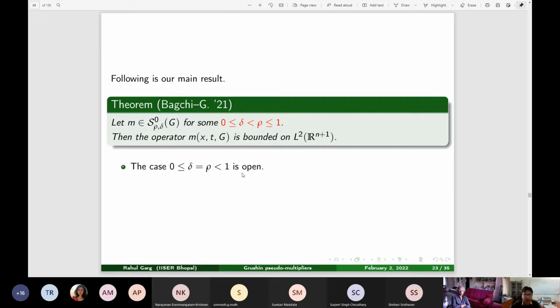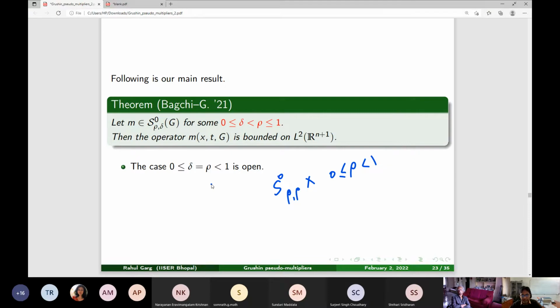What we could not do here is one of the most critical parts, delta equal to rho. So what we do not have is S^0_{rho,rho}, for any rho between 0 and 1. We have everything other than that. There is a singularity issue which I will discuss. It will come only towards the end, but I will say a few words about where the difficulty was.